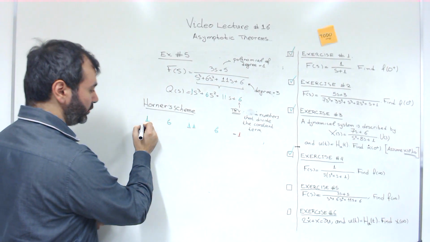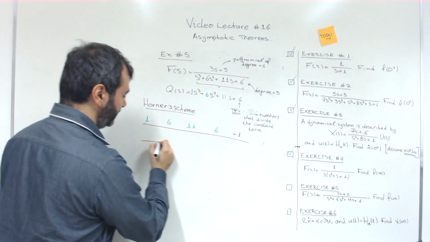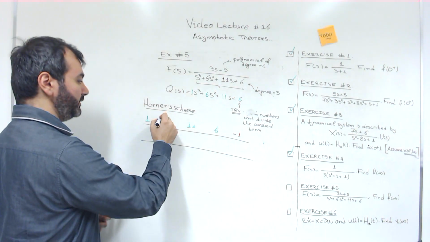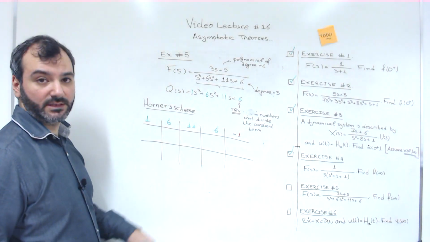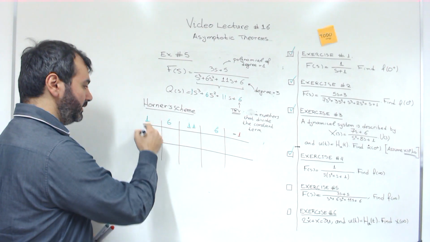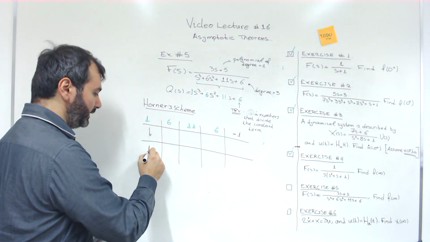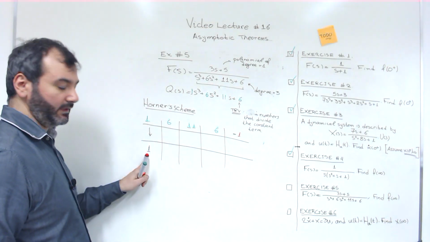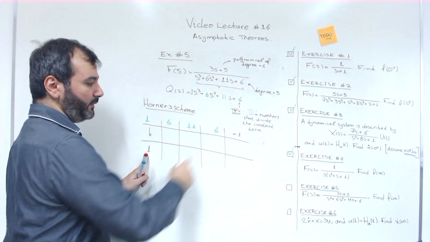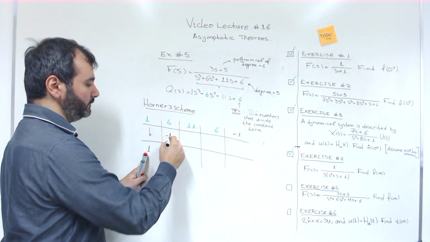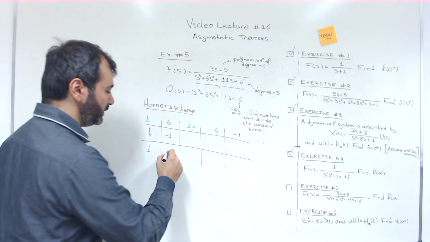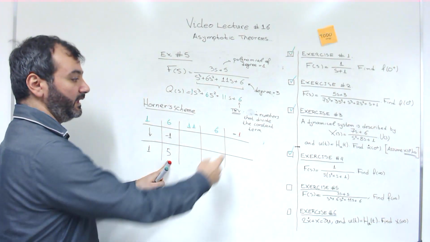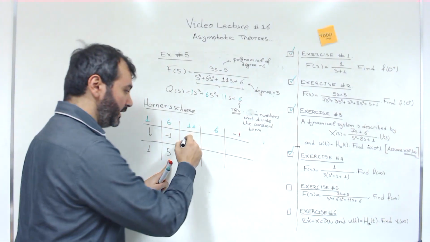And then draw a line here, draw another line, and some vertical lines. Now it's very simple. What we have to do is that we write 1 again here, we copy it here, and we multiply it by minus 1. Minus 1. And we add these two together. 6 minus 1 equals 5. And then again, 5 times minus 1 is minus 5.